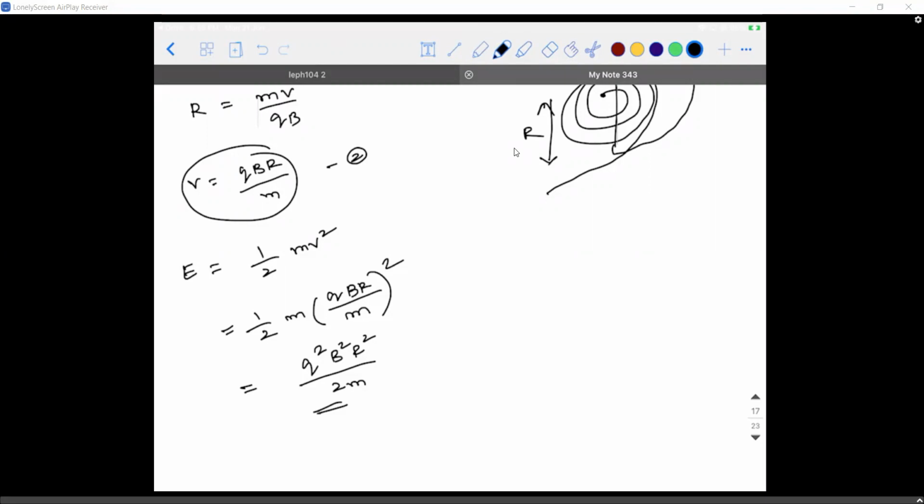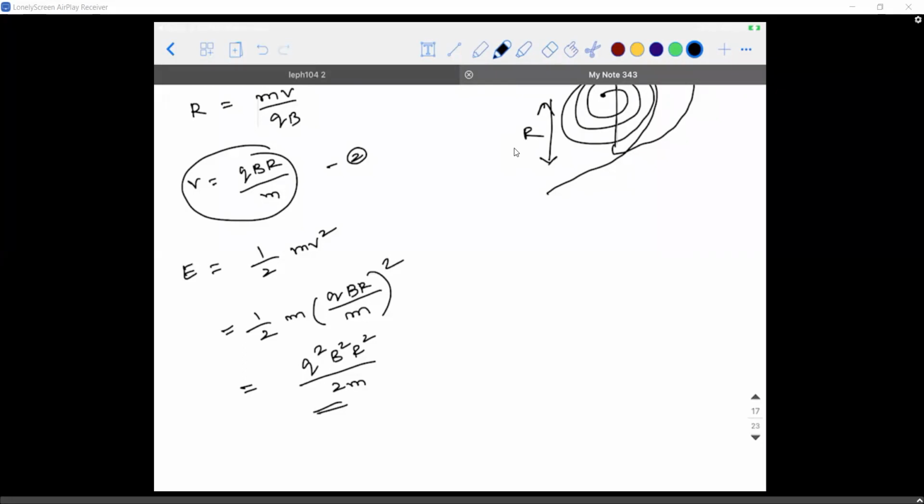It's q square B square R square divided by 2 into m. Clear, guys?